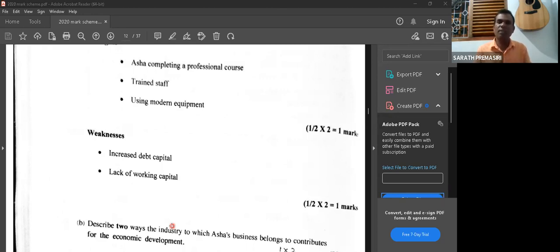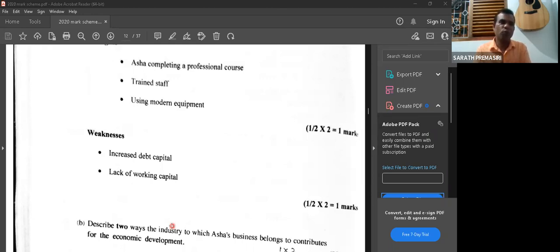Here, our question is how Asha's business contributes to the economic development of the country. Now, this beauty salon, though it is a beauty salon, refreshment is needed for the continuation of human life, so she supports some refreshment as well as some essential services, what we call specialized service.